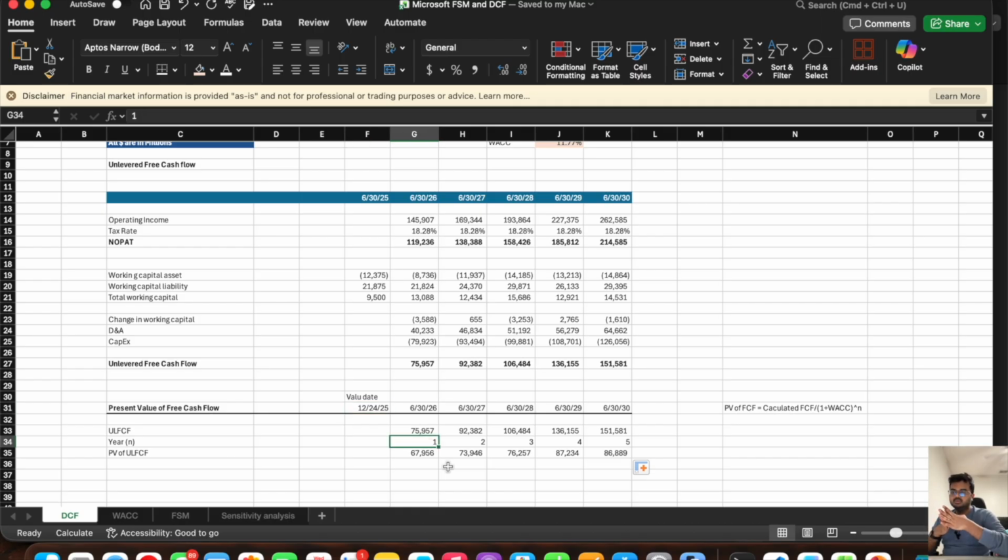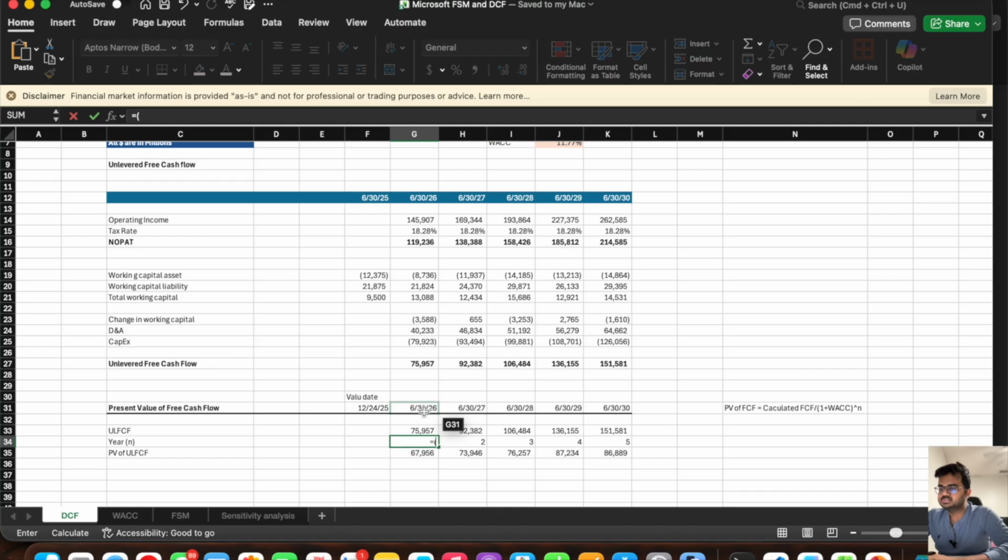We are just going to have the difference between as of today, December 24th, 2025, till June 30 of 2026. So we just need to calculate the difference between these two dates. Rather than doing multiple complex things, I'll just use the Excel function itself to calculate the days.